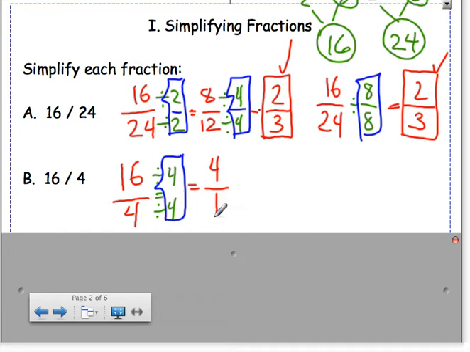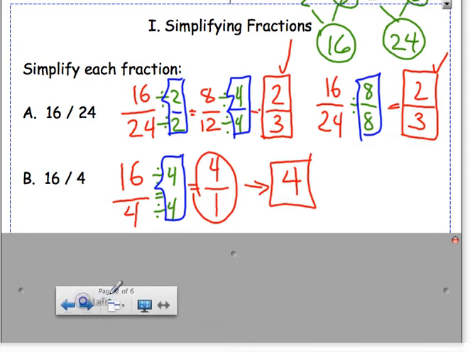I have 4 over 1. I know that 4 over 1 is the same thing as just 4. So even though we started off with a fraction, it simplifies to a whole number. But hopefully you caught that immediately when you saw that 4 was going to go into 16 evenly.